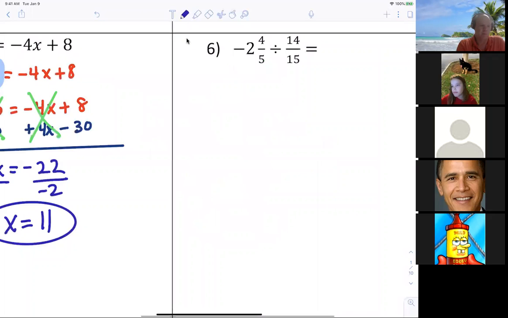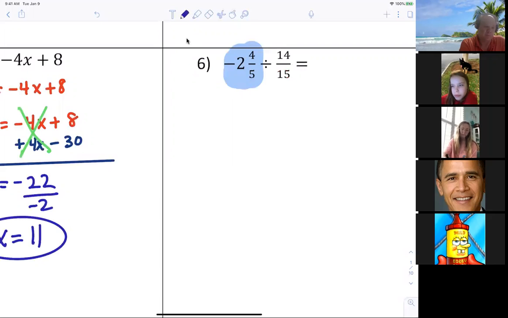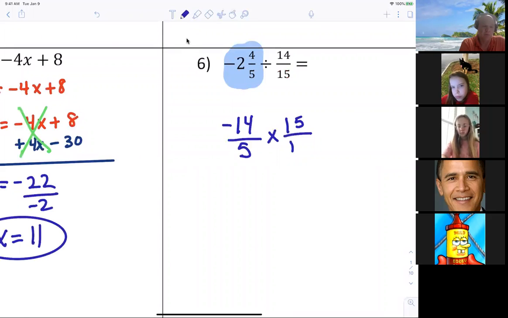All right, here we go. Dividing fractions. So you got to change these to improper. So 5 times 2 plus 4, times the reciprocal. Multiplying by the reciprocal. Are we okay?